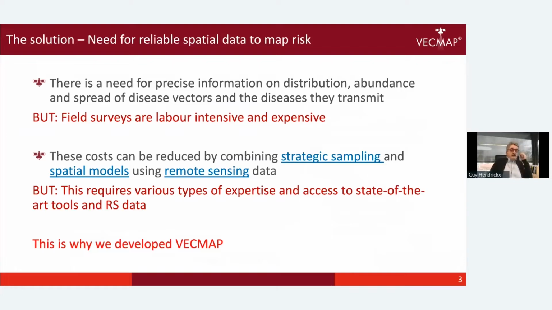Field surveys are labor-intensive and expensive. The workload often is the key factor in this kind of activity. But on the other hand, these costs can be reduced by combining strategic sampling, which is sampling as little as possible but at the right places and at the right moments, with spatial models using remote sensing and any other environmental data which are available.